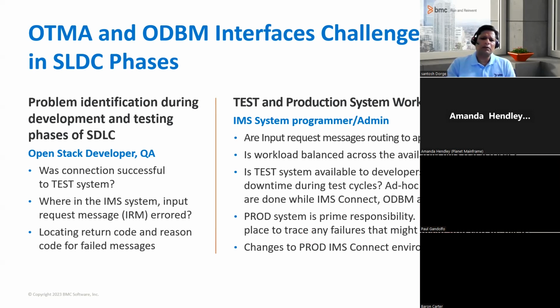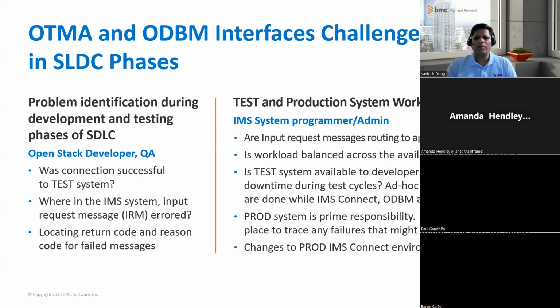Then the major question here would be: is there a mechanism in place to trace any failures that might occur so they can be fixed? If a failure occurs in the production system, the first thing is everyone would like the failure not to occur, and if it occurs, everyone would like that it would not repeat.